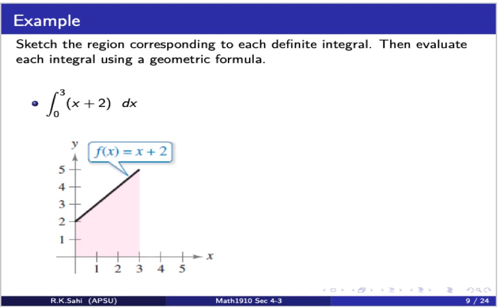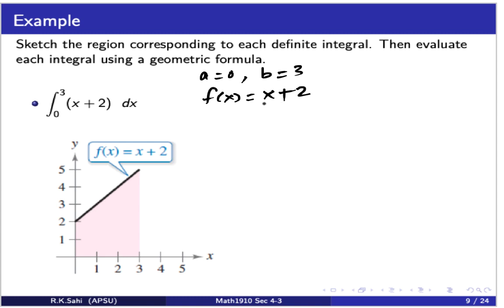Now here we are asked to sketch the region corresponding to this definite integral, and then we evaluate using a geometric formula. So the first thing is we look at what is the function given to us. What are the lower and the upper limits? The a over here is 0, the lower limit, and the upper limit is 3. And the function given to me is x plus 2.